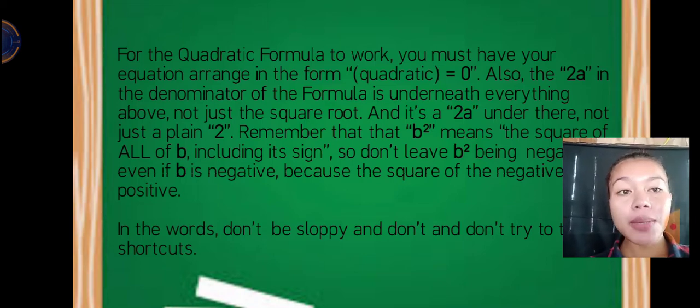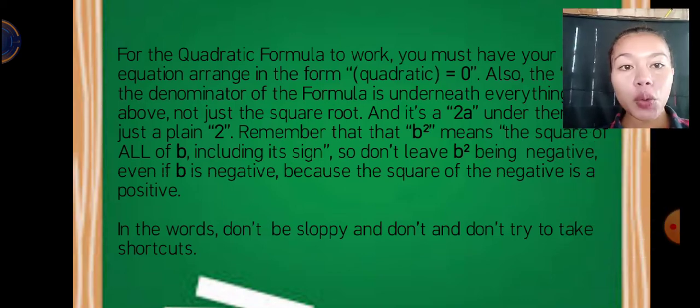Remember that b squared means the square of all of b, including its sign. You don't leave b squared negative, even if b is negative, because the square of a negative is positive. In other words, don't be sloppy and don't try to make a shortcut. Do it step by step.